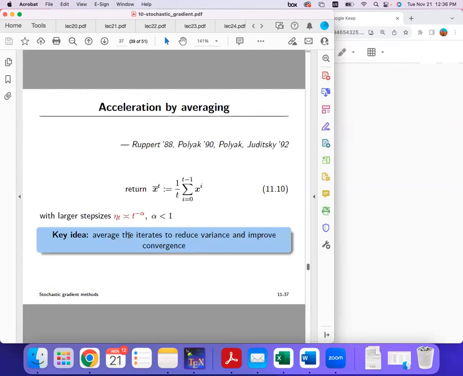A very simplified scheme is to consider the average of all the x_i's generated by the algorithm. All the weights are equal, simply 1 over t, where t is the iteration counter.